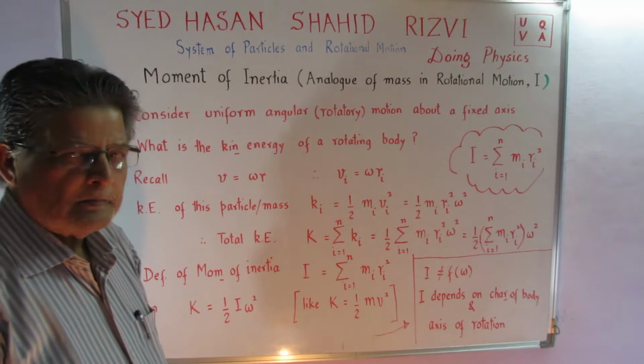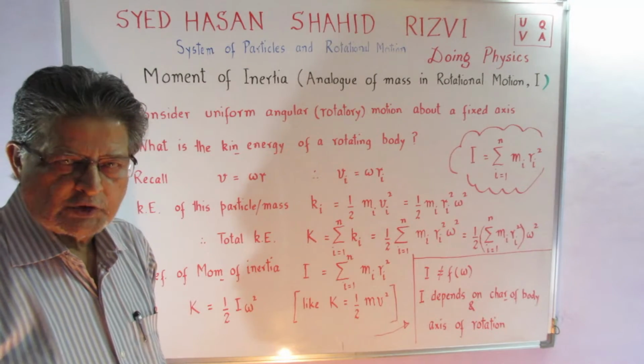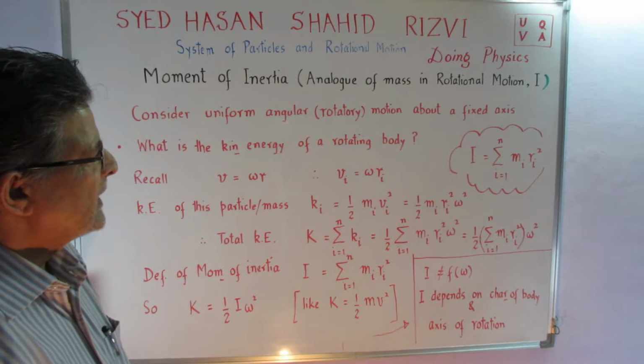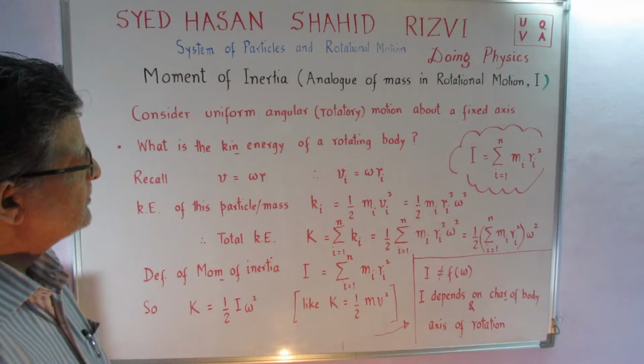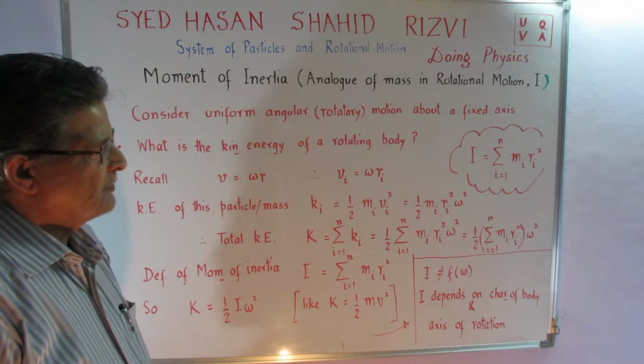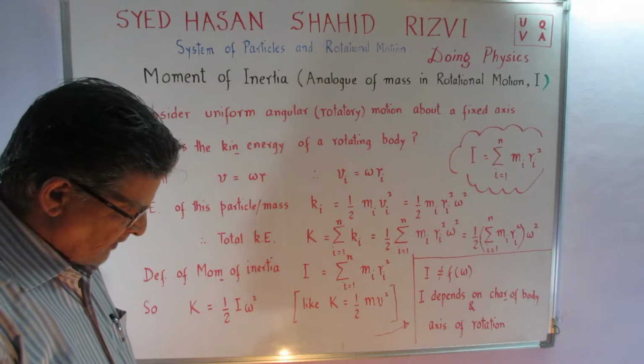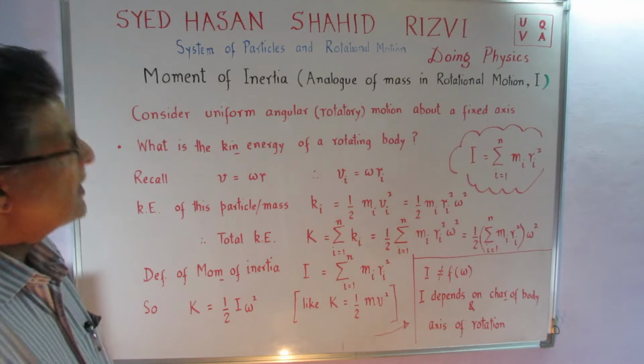Half mv square, force is equal to ma, etc., where the attribute of mass is defined and we have to understand that. Similarly, in the case of rotational motion, we have moment of inertia.